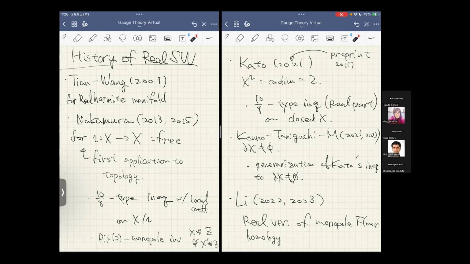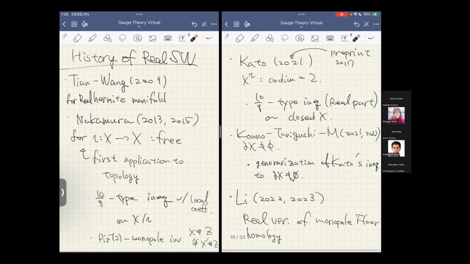Kato considered closed four-manifolds with involution, and Konno, Taniguchi, and I considered the case that the boundary is not empty, and we generalized Kato's inequality, and we proved a Frøyshov-type inequality of real version.